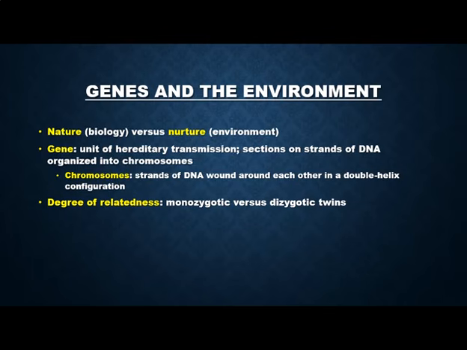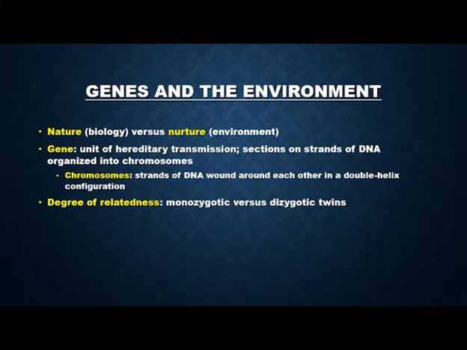The assumption, though, is that monozygotic and dizygotic twins share the same amount of environment, right? So the monozygotic twins share genes and environment. Dizygotic twins share some genes, but all the same environment. And so if monozygotic twins show more degree of relatedness in a trait, so something like schizophrenia, we can probably conclude that there is a genetic component to that trait.